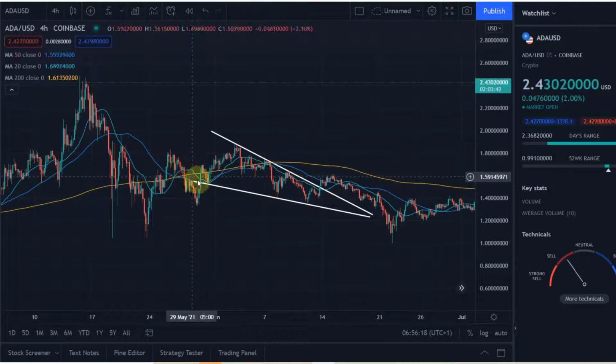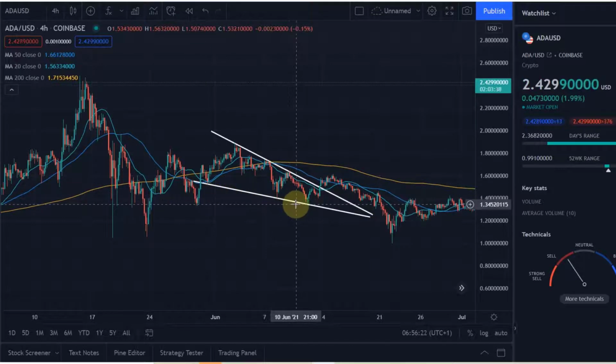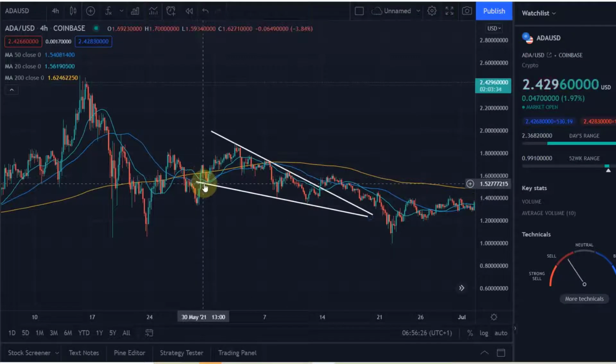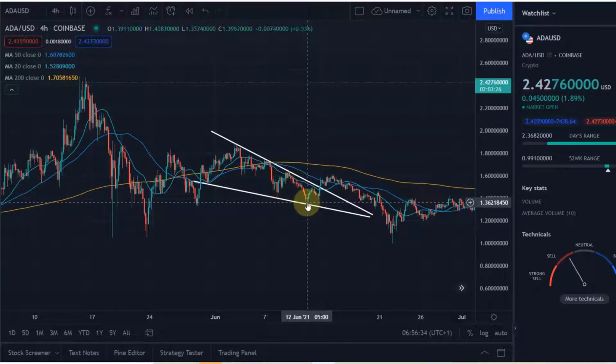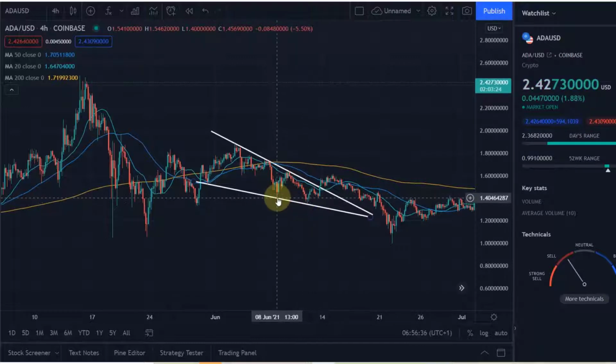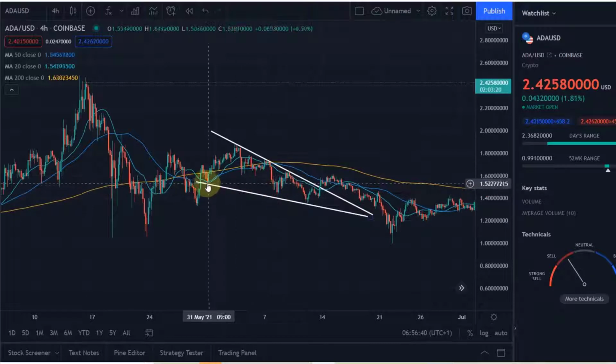The reason is that the sellers can't push the price down much more. So you make a lower low here, and then another lower low, but the price difference between that lower low and the next is smaller than the price difference from that lower low to the previous lower low.